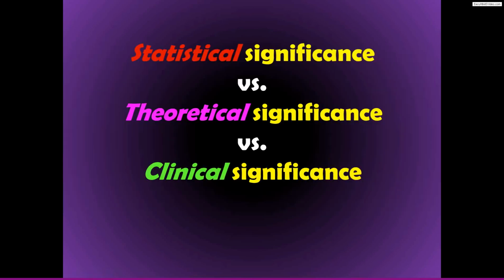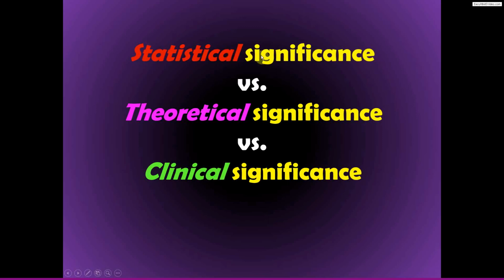One final point, which is a little bit trivial, but it's important to think about, is the distinction between statistical significance, theoretical significance, and clinical significance. Statistical significance is really just whether the p-value is less than 0.05 or whatever the threshold is. Any computer can determine whether a finding is statistically significant.